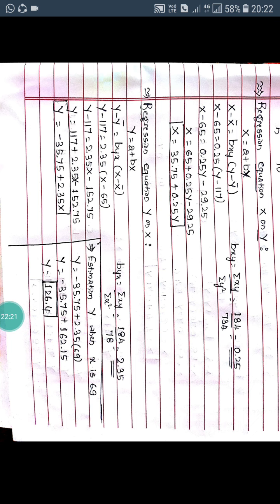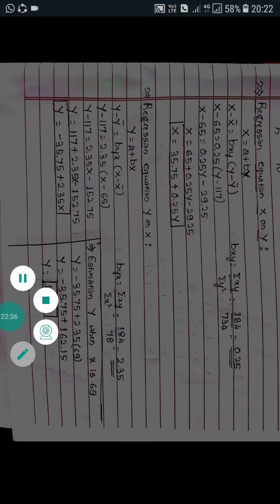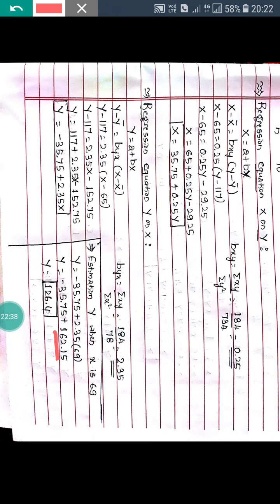After that minus 35.75 plus 162.15, or you can move for 162.15 minus 35.75, and we have got a value is 126.4.